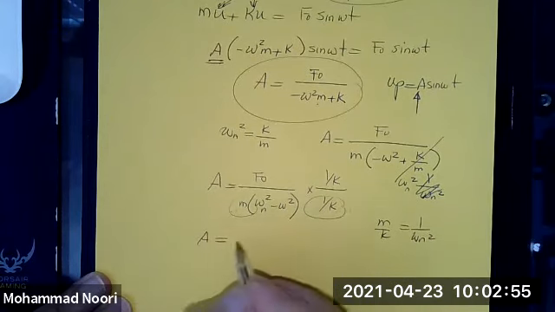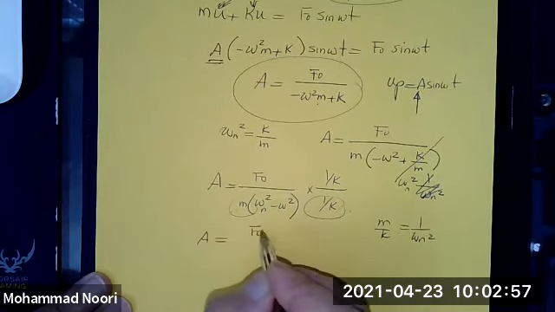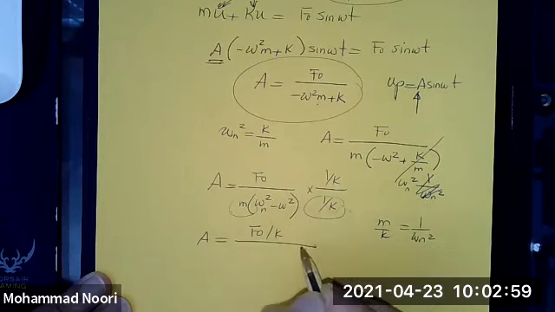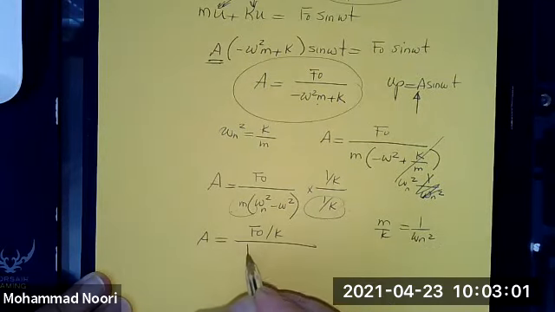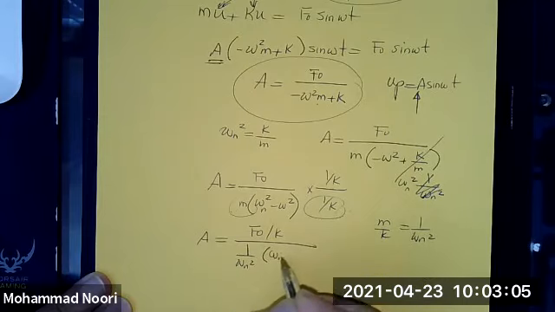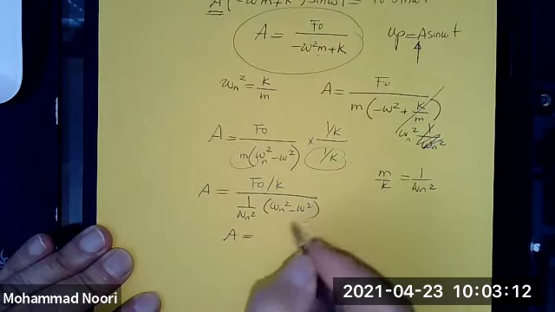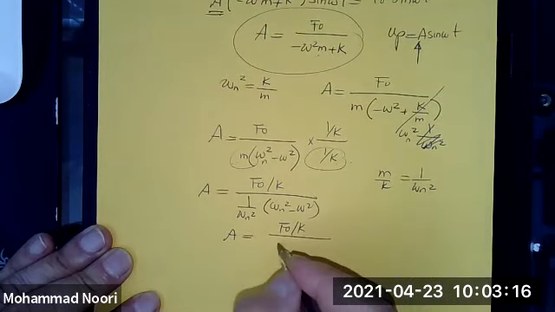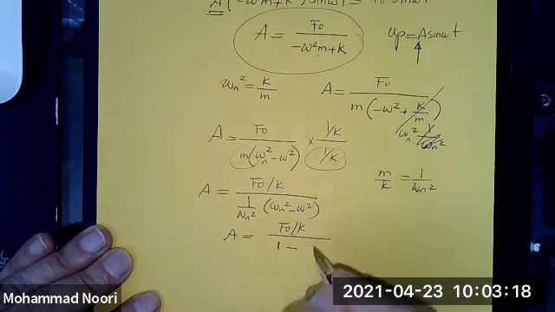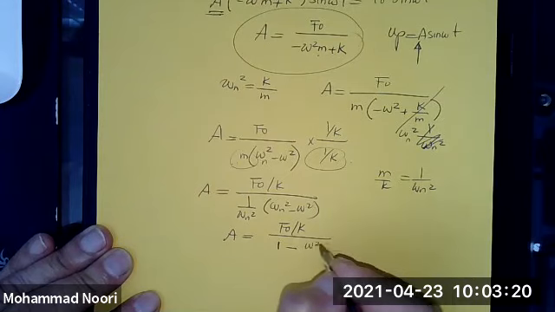So this simplifies to this form, F0 over k divided by 1 over omega n squared times omega n squared minus omega squared. If you further simplify this, A would be F0 over k times 1 over 1 minus omega squared over omega n squared.